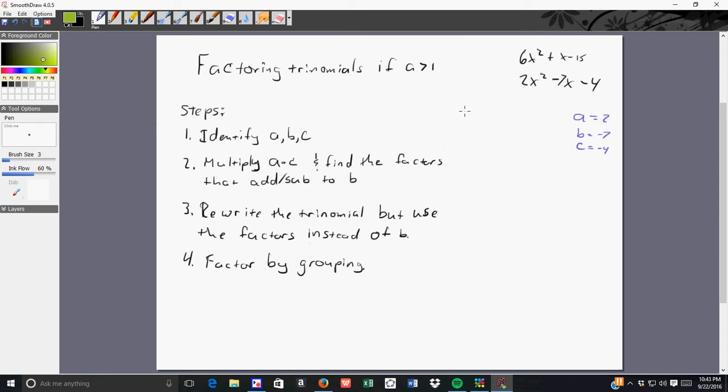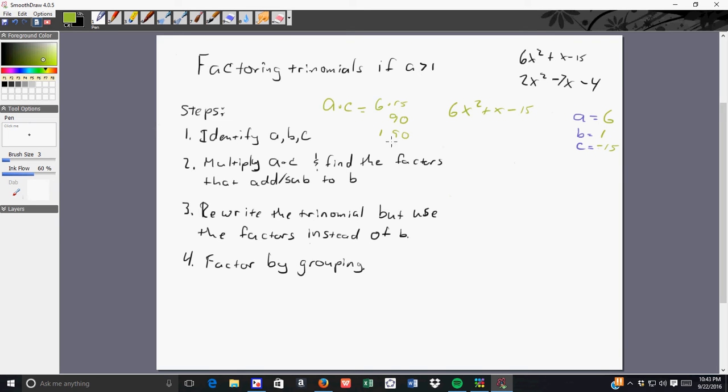I have 6x squared plus x minus 15. Now, my a, b, and c are 6, 1, and -15. So when I multiply a times c, I'm going to get 6 times -15, which is -90, but once again, not so concerned with the signs, and that's 90.